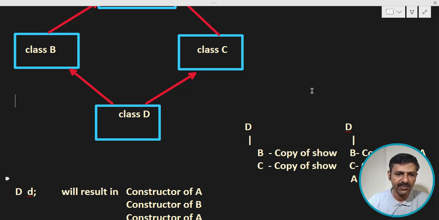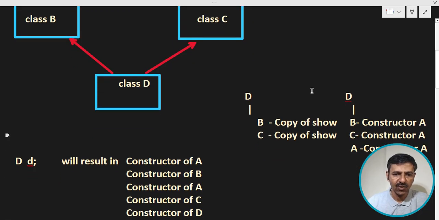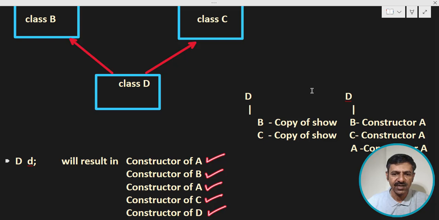If I create an object of D and print output in each of the constructors, the output will be: constructor of A called, constructor of B called, again constructor of A called, constructor of C called, and constructor of D called. As you can see, constructor of A is called twice. This should not happen.